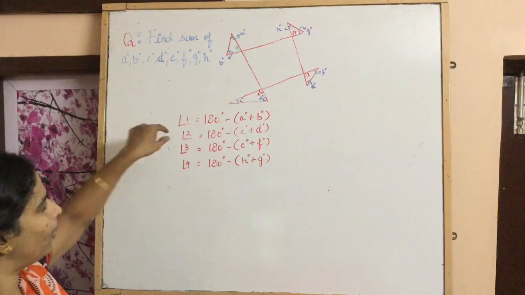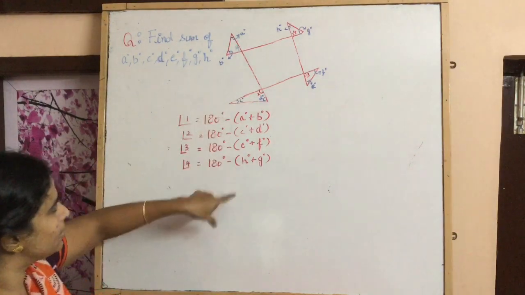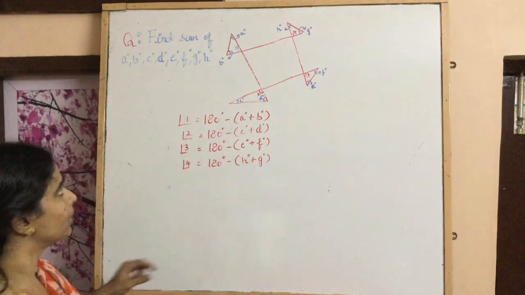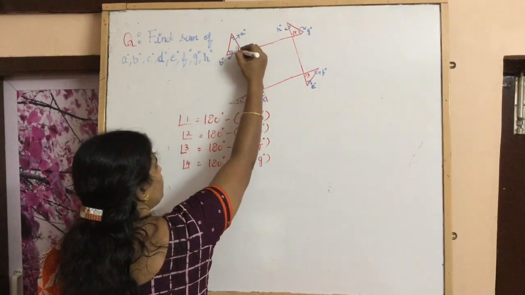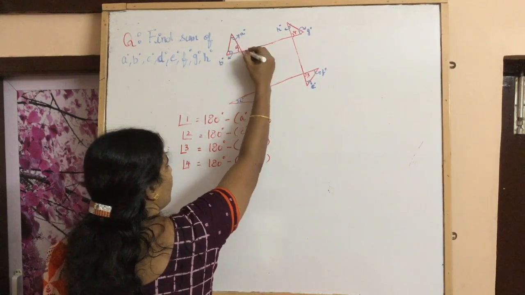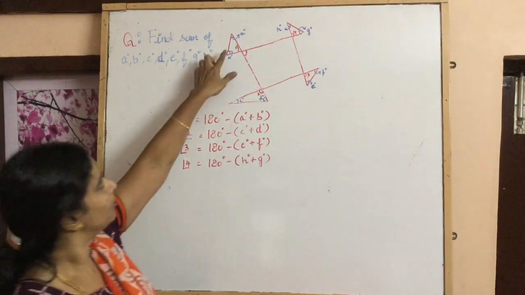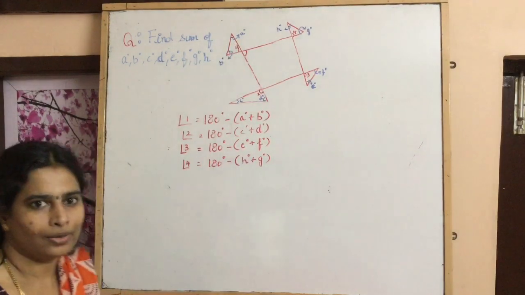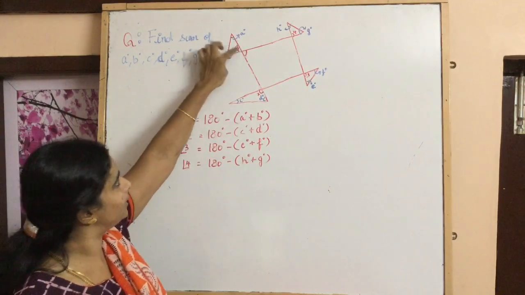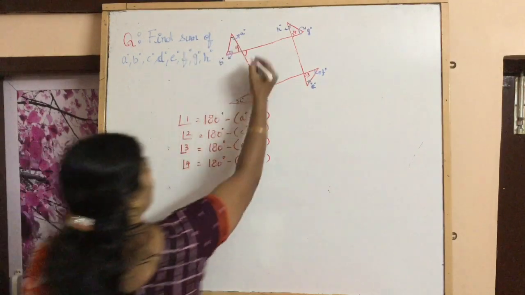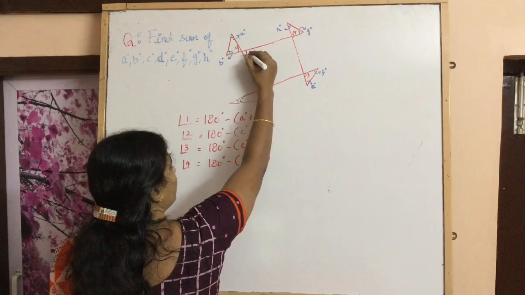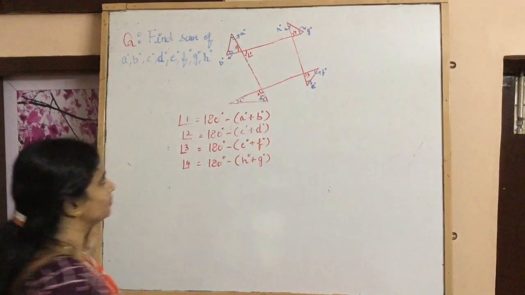Now how are we going to find the sum of these angles? Angle 1 and this angle are opposite angles, and opposite angles are equal. So if this is angle 1, this should also be angle 1.